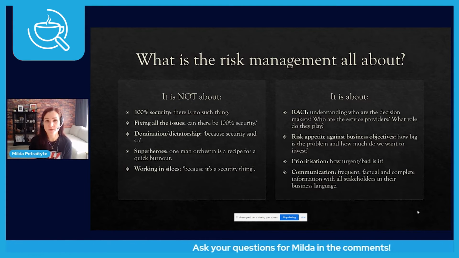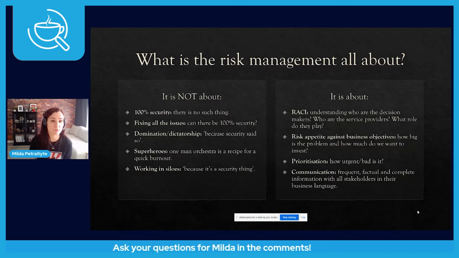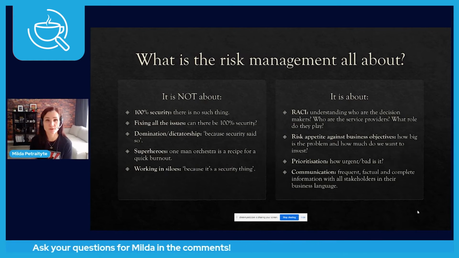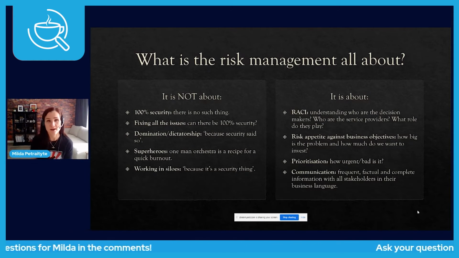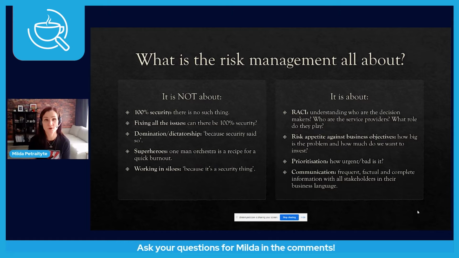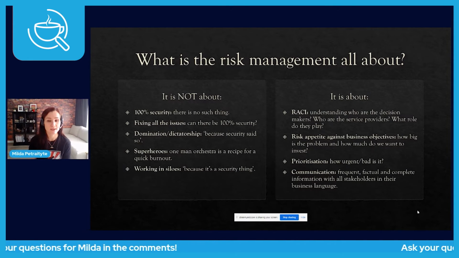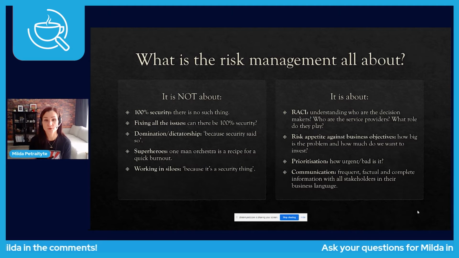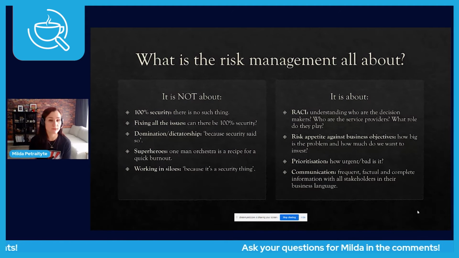So probably to start with, it's worth mentioning what risk management is not. We can't have 100% security. There's no such thing, because, as I mentioned before, we have assets which could have known or unknown vulnerabilities. They could be discovered at any point in time. We don't know about them yet, but we might know about them later.